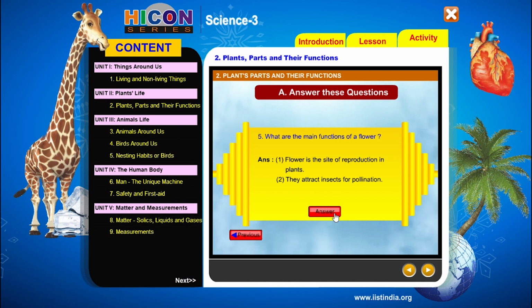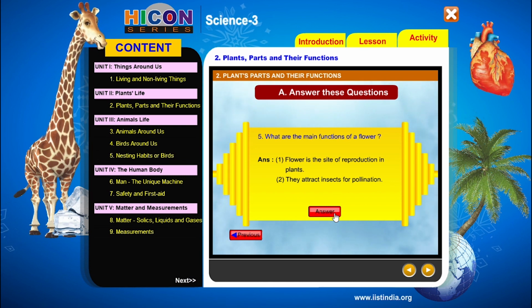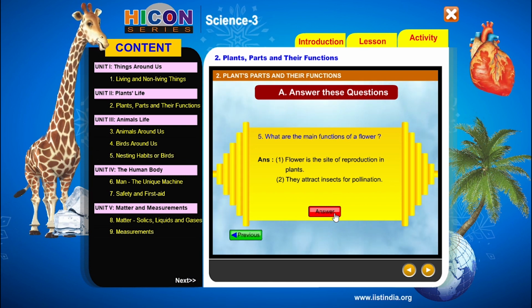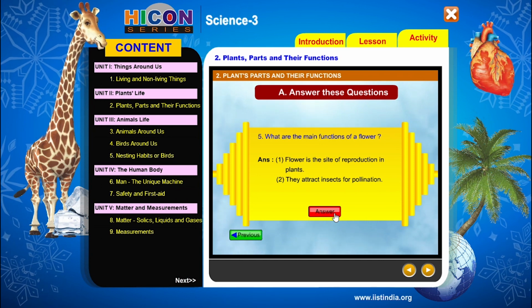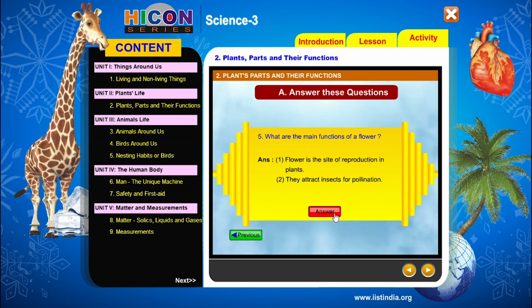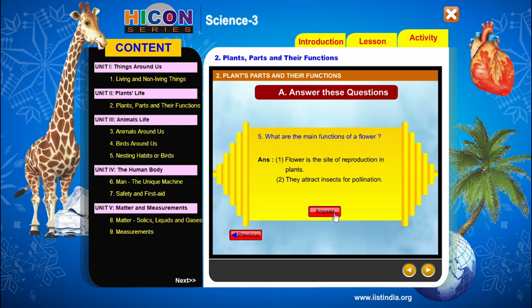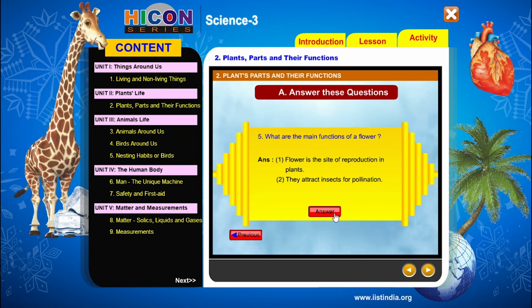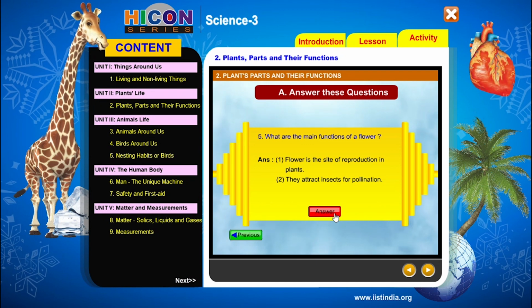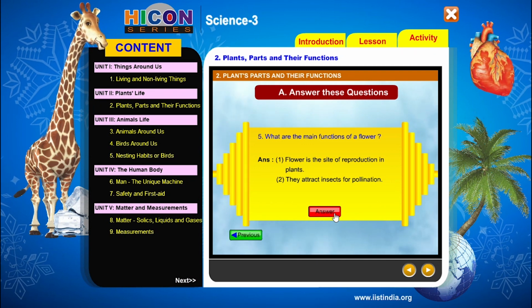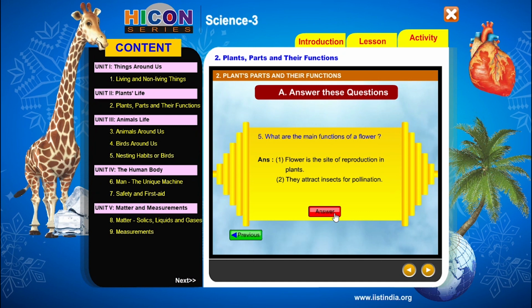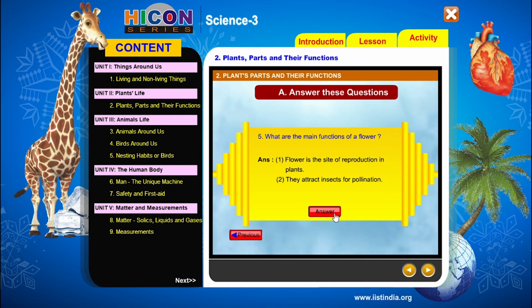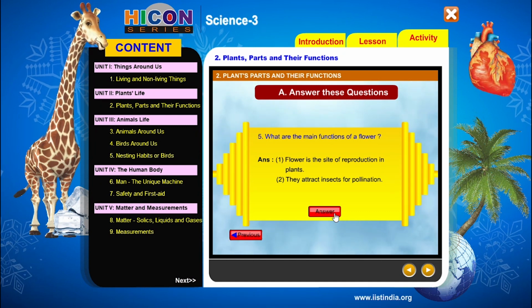That means the lower part of the flower will gradually swell and become a fruit. So after some days, the petals of the flower will fall down and it will become a fruit. So that's why the flower is another important part in the plant. So note down this question and answer in your notebook. So see the next question.